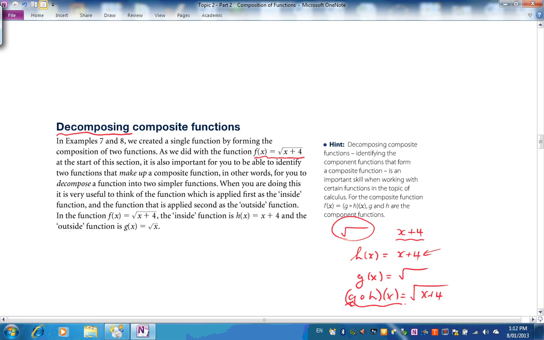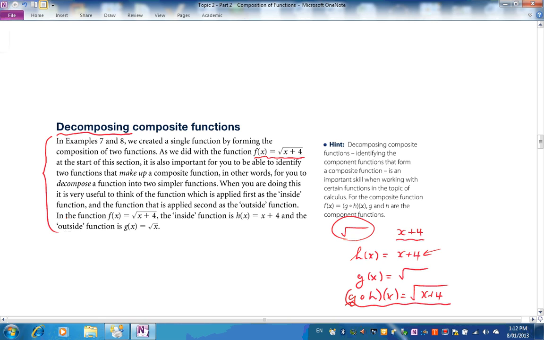Can you see that? You can actually start to break or decompose the composite function down. This is sometimes useful in calculus later on to see what functions are going on. You can read what Pearson's have got there about looking at those two functions.